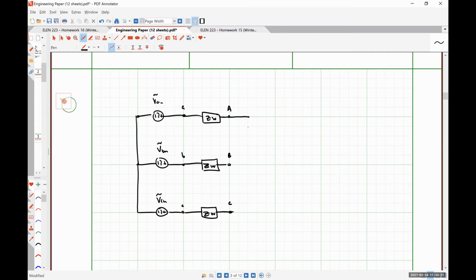So between the A and the B terminals, I know that I should have a delta connected load. Between the B and the C, I should have a delta connected load. And then way out here, so I give myself space, I have my delta portion from C to A.